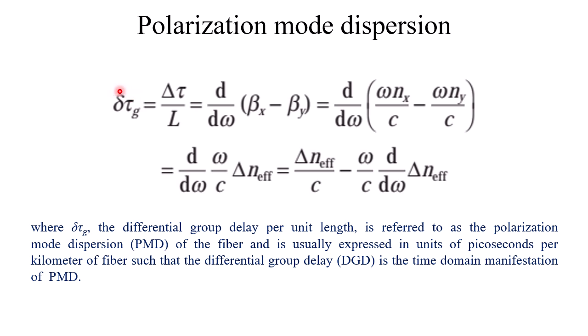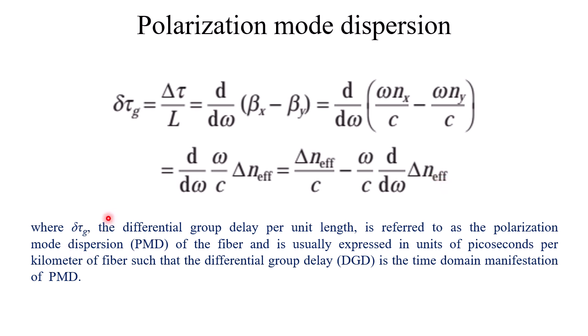So delta tau g, the amount of pulse broadening, equals delta tau by L, that is d d omega of beta x minus beta y. Beta x and beta y are the phase coefficients for the x direction and y direction, that is the x axis and y axis. So d d omega of omega n x by c minus omega n y by c, that means d d omega of omega by c into delta n effective, that is delta n effective by c minus omega by c d d omega of delta n effective.